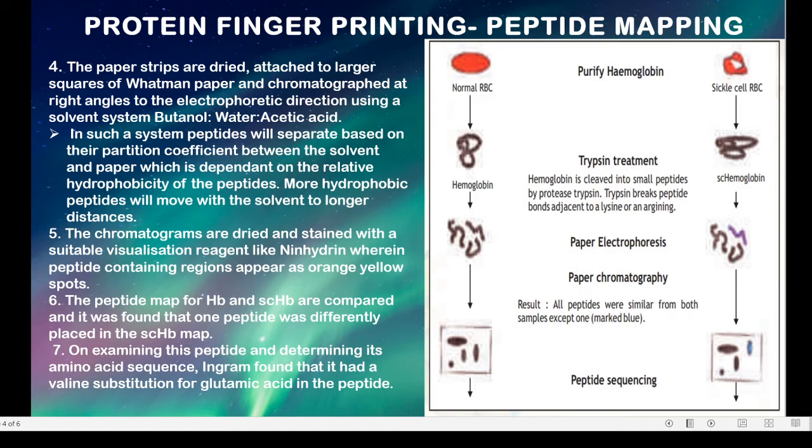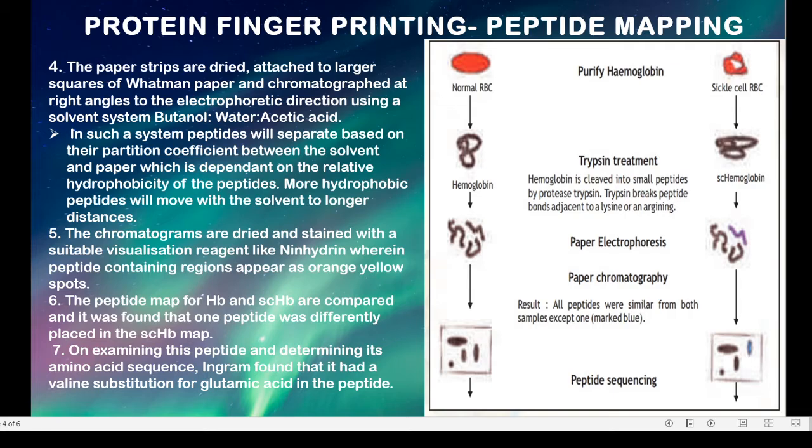After the electrophoresis, the paper strip is taken, dried, and attached to a larger square of Whatman filter paper. The next technique which we are going to follow is paper chromatography.